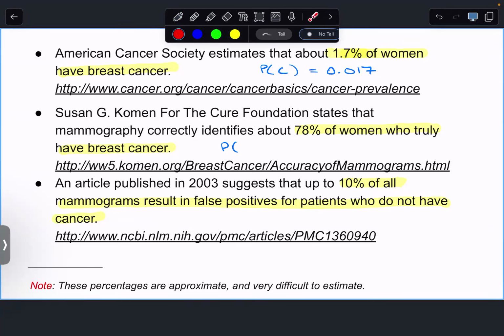So when you say if you have cancer, that's a conditional probability. And so we're going to say the probability of a positive, knowing that they have cancer, so given C, is 0.78.